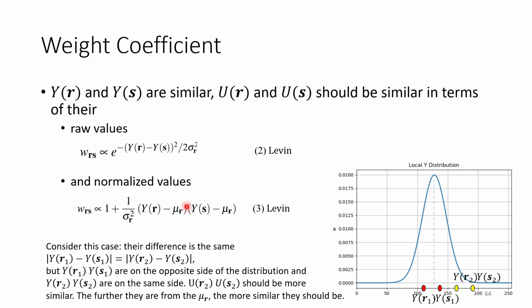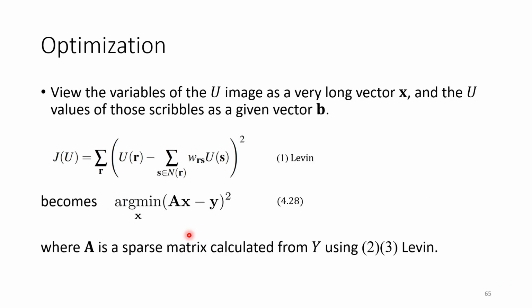However, if the Y values of R and S are on opposite sides, the term will be negative, and 1 plus a negative term gives a value less than 1.